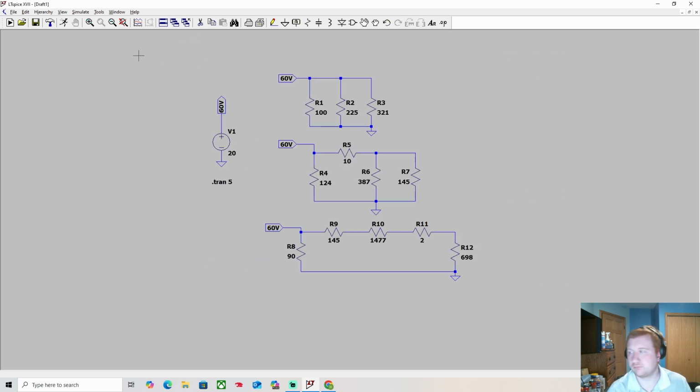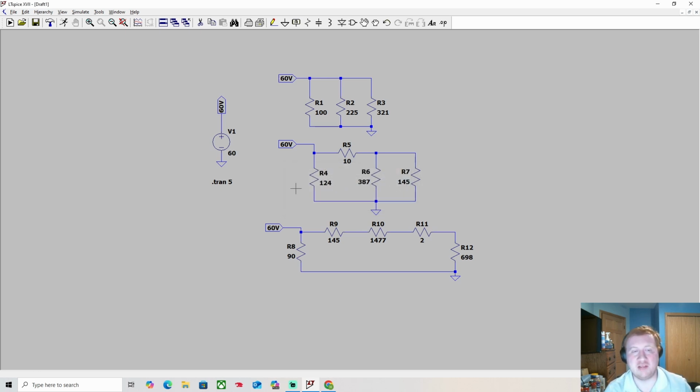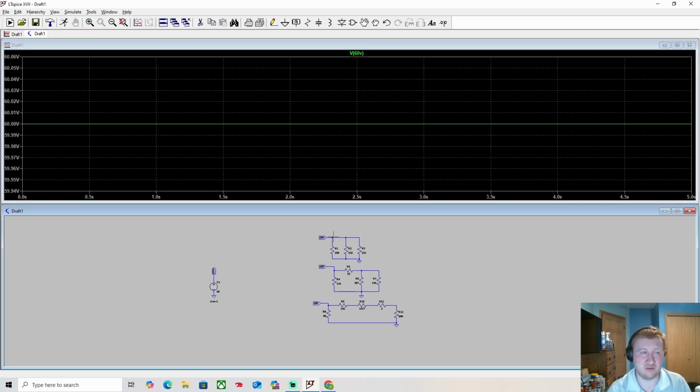Alright, so something like this. This isn't matching. Let's make it 60 volts just to keep it consistent here. So I could literally have this way over here, and the transient thing too, and then I can run this, and every single one of these will be the same 60 volts everywhere.